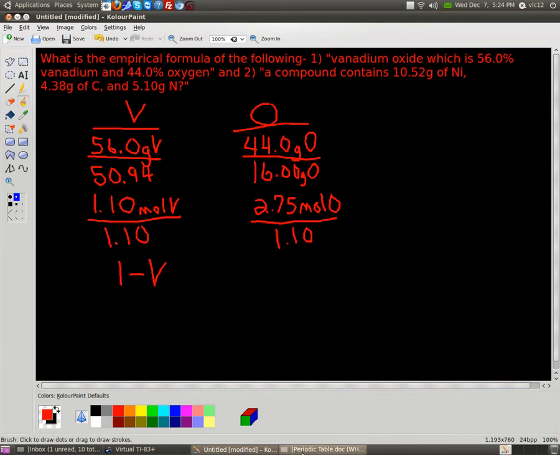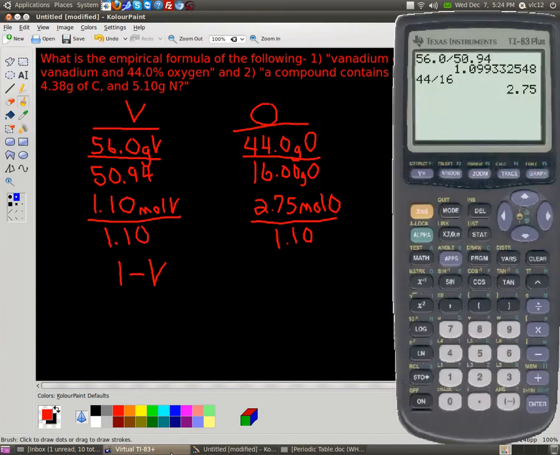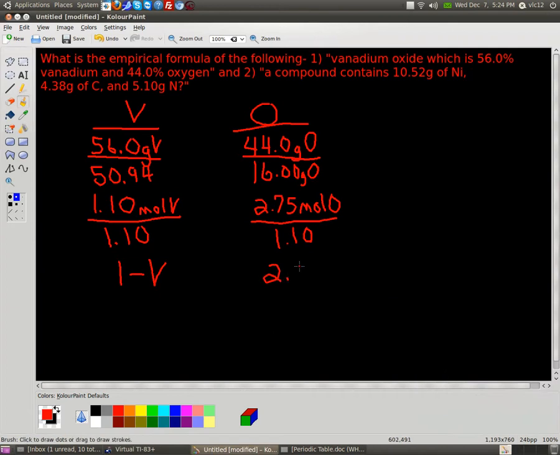Now over here, I don't know what that gives you. Let's see what we get on our calculator. That gives us 2.75 divided by 1.10. Okay, that gives us the number 2.5. So this is 2.5, and that's 2.5 oxygens.